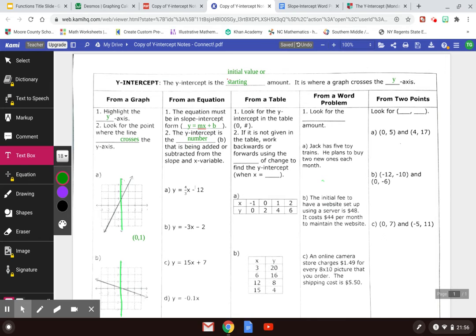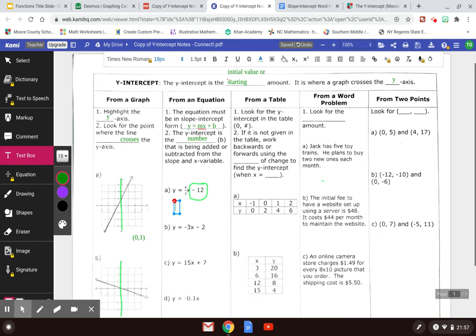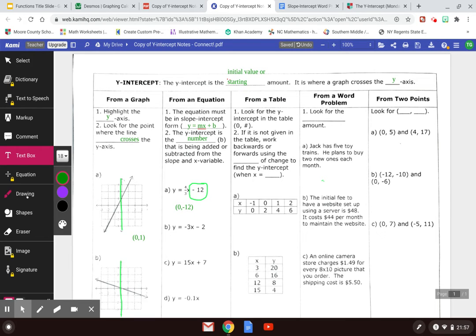So in this particular equation, y equals 4/3 x minus 12. All right, the number that is being added or subtracted is the 12. Now, it's very important that whatever sign is in front of your y-intercept, that you keep that sign, because that's going to tell you which side of the y-axis you're on, if you're on the positive side or the negative side. All right, so here again, if you look at the next one, we have y equals negative 3x minus 2.